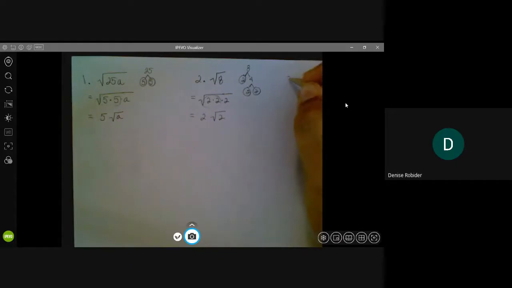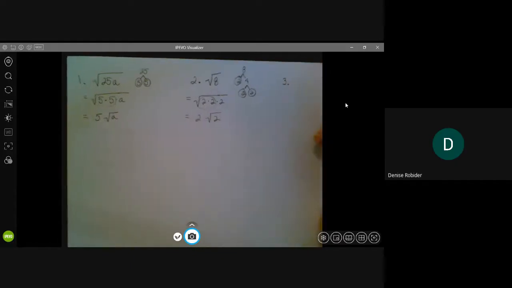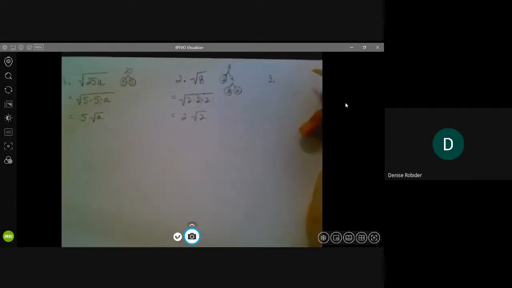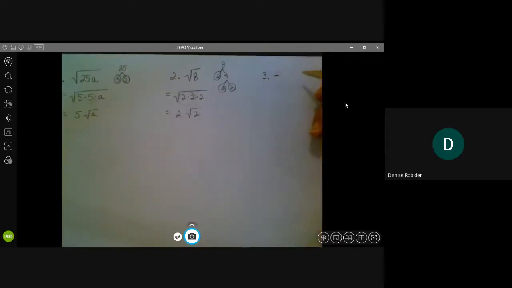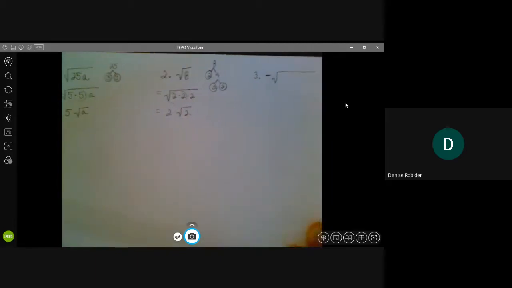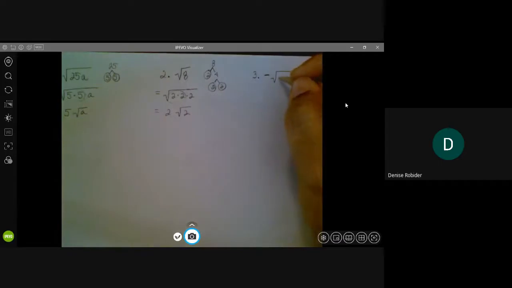Number 3. There is no prime factorization, but I'm going to do the same thing here because I want you to understand that a square is a number that is multiplied by itself. So if you see values being multiplied by themselves, you know that those are the numbers that get to escape the radical.